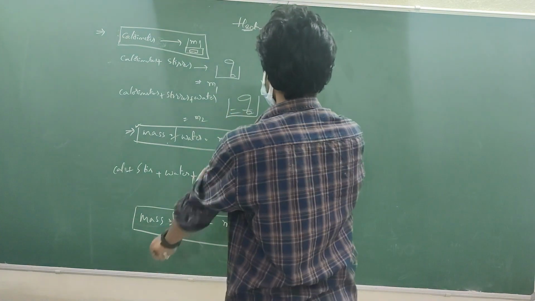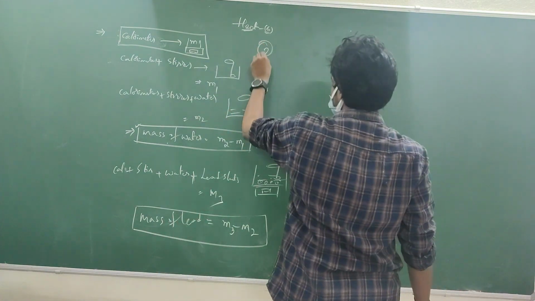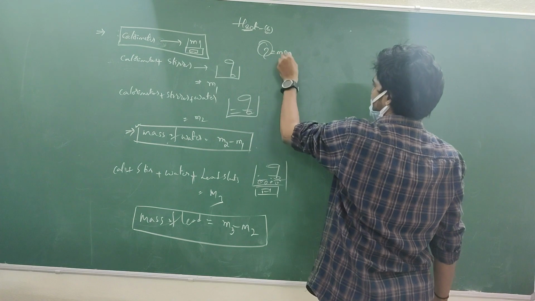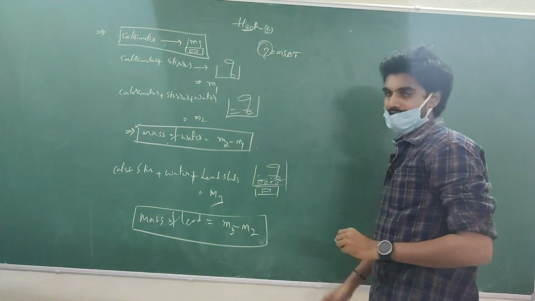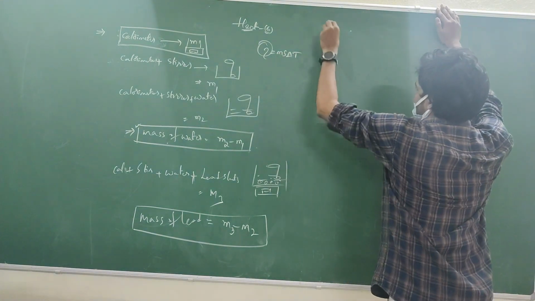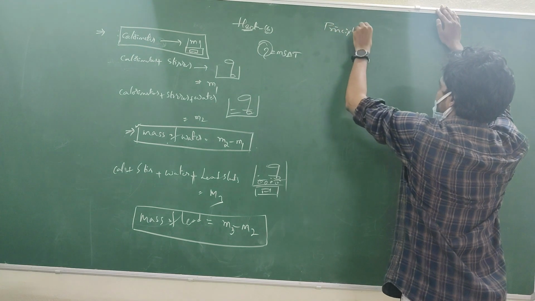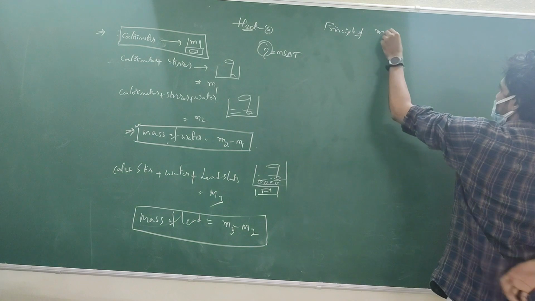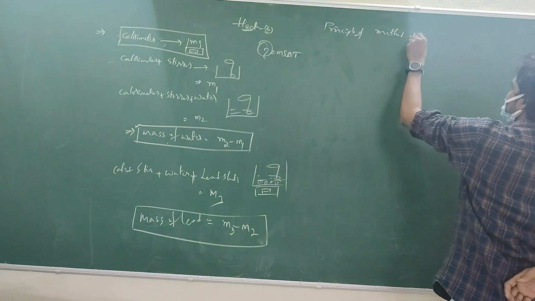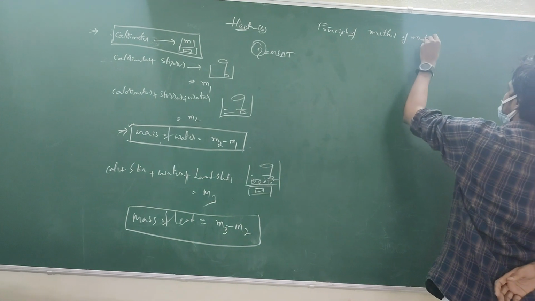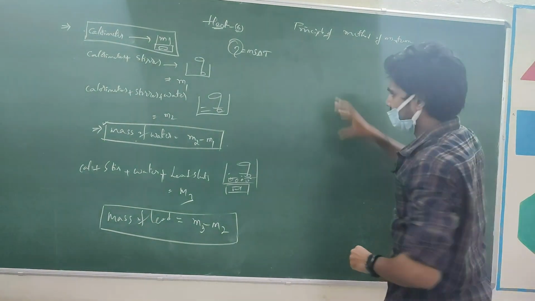So we are gathering all this because we have a formula, that is Q is equal to m s delta T, yes or no, right. So based on the principle of the method of mixtures, you know this, right. That is nothing but: net heat lost by the hot body.